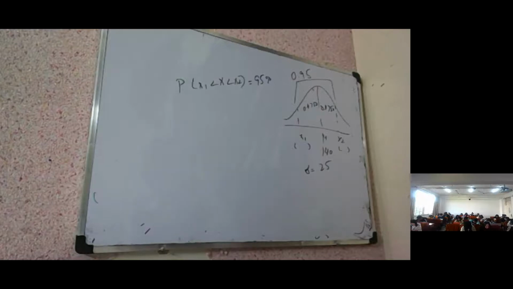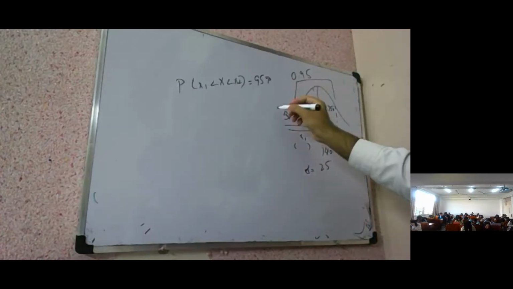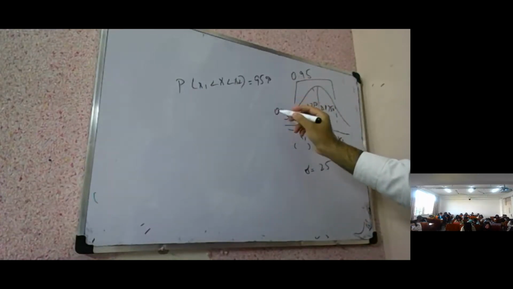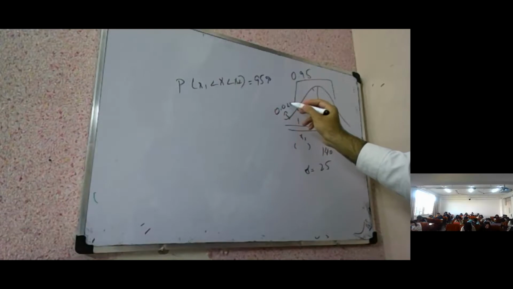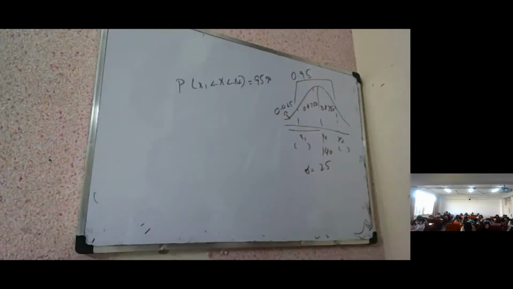Do you understand this one? So this area will be 0.5 minus 0.475, which is 0.025, if I'm not wrong. And this area is also 0.0250.